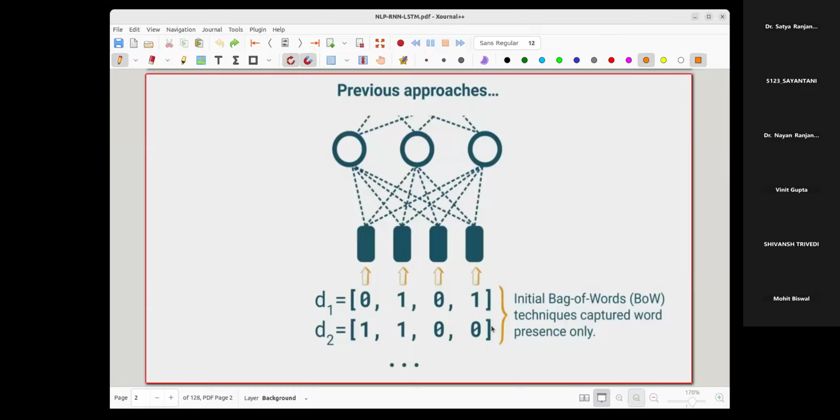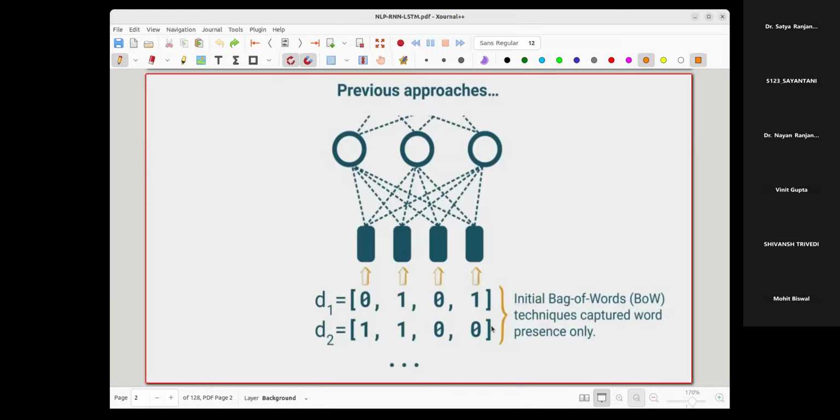If the corpus is very big, most of the data in that vector will be 0, so it creates a sparse representation. This is one problem. Another problem is that it cannot capture any kind of meaning of the document. It only captures whether a word is present in the document or not.